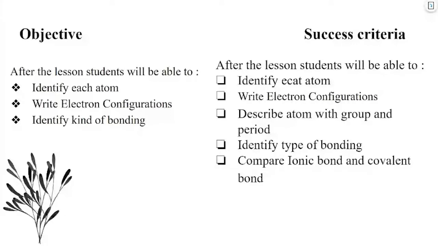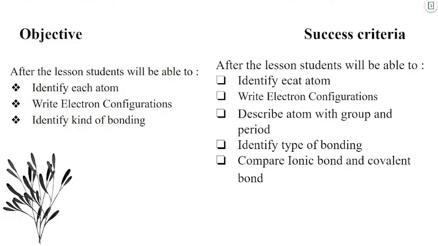We know the atom, but we're going to identify it further: which group or which period it is in, and we can write the electron configurations. The last objective is to identify the type of bonds of the substance.